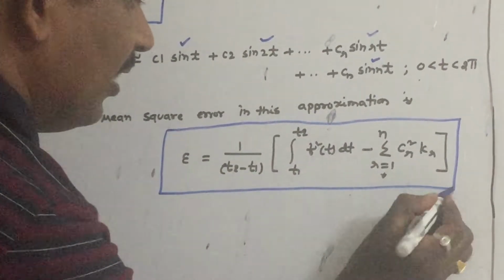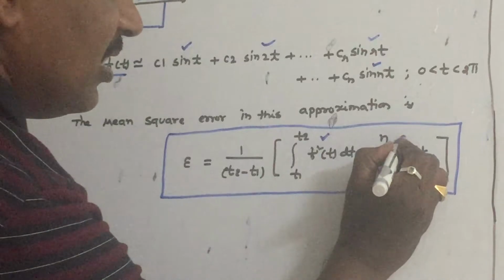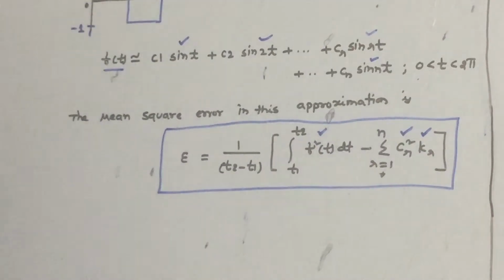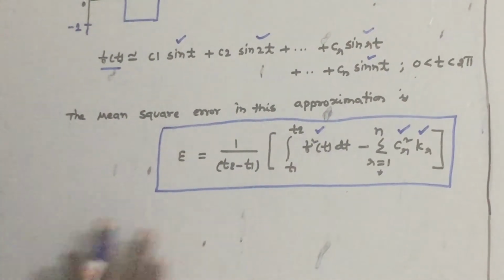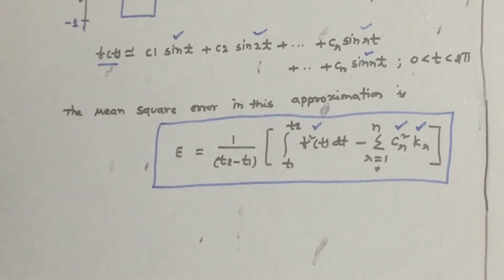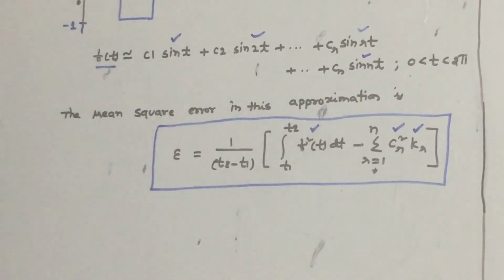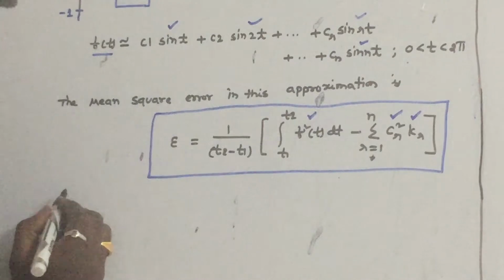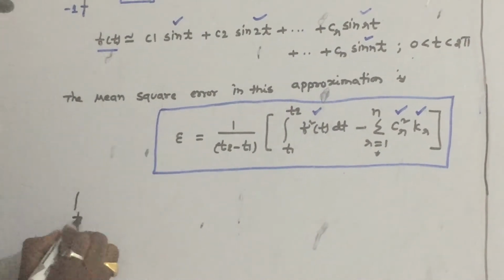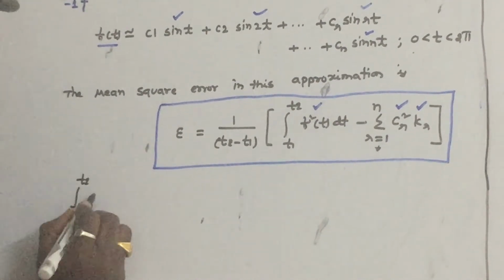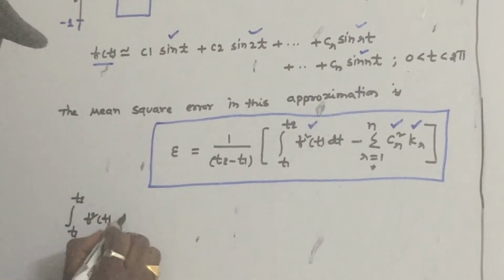Now we calculate f square of t, cr square and kr values in this formula and find the error. First let us find the integral t1 to t2 f square of t dt.